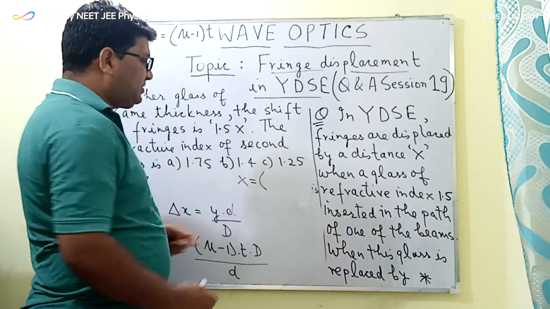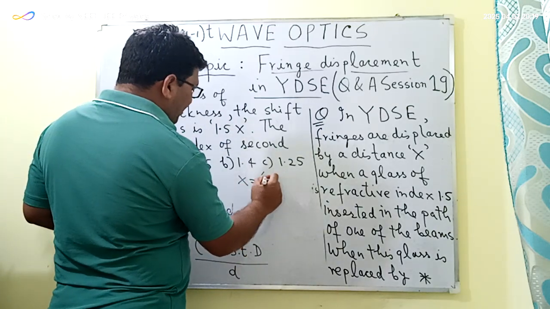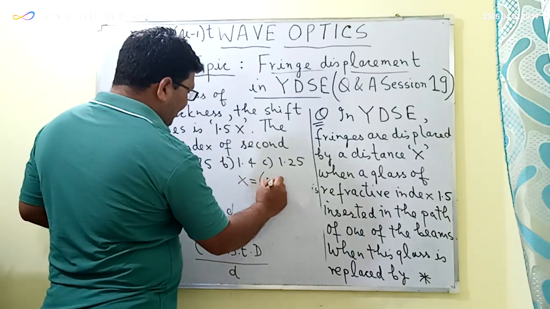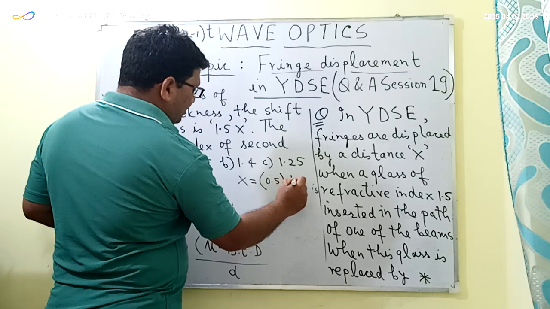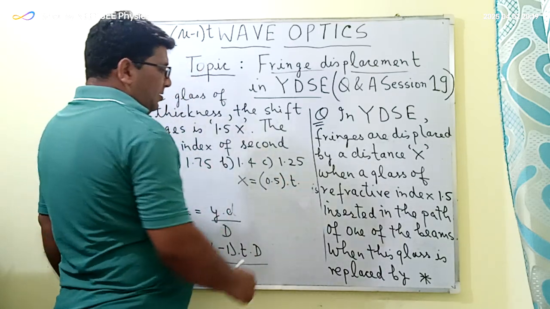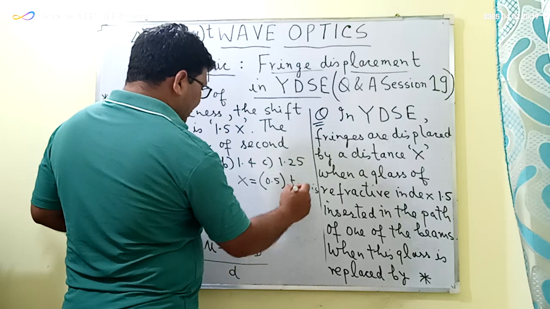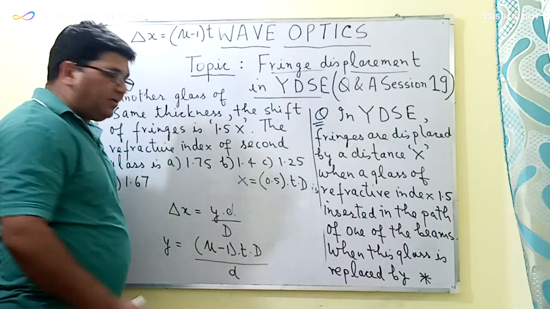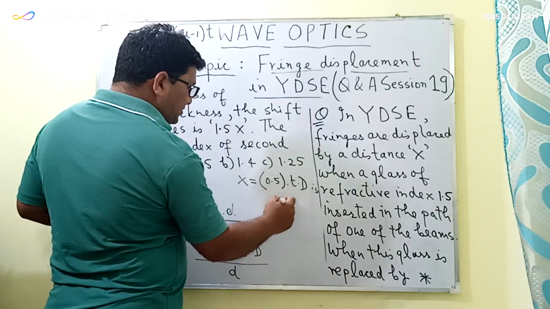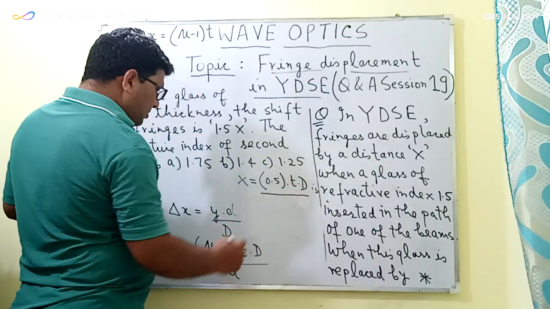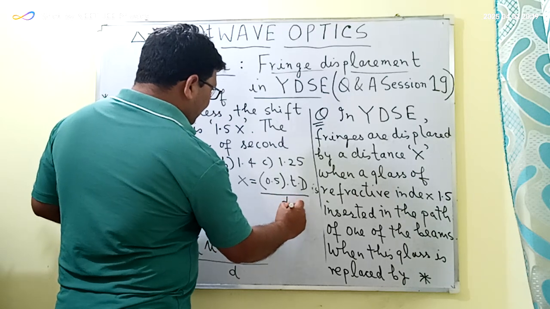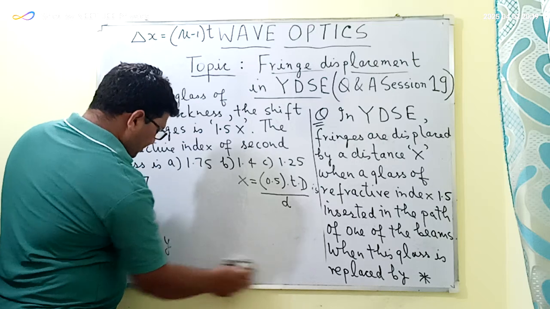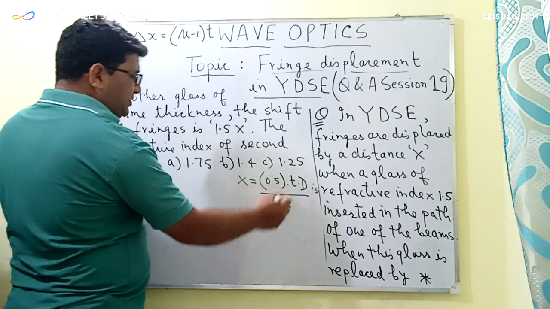Mu in the first case, that is the refractive index, is 1.5, minus 1, that is mu minus 1, so 1.5 minus 1 is equal to 0.5, multiplied by the thickness of the glass t, and multiplied by the separation between the screen and the slits, which is equal to capital D, divided by small d, where d is the separation between the two slits. So this is the first equation.